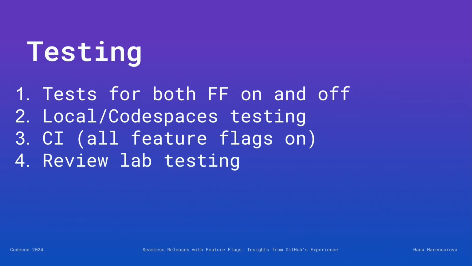Then we use something called Review Lab. Who has heard about Review Lab? If you heard about Review Lab, raise your hands. Okay, maybe you heard about it under some different name. So Review Lab is a deploy of your own branch, but with production code.